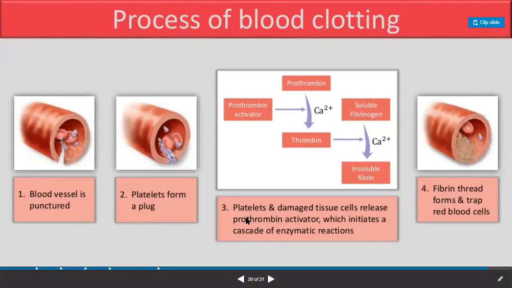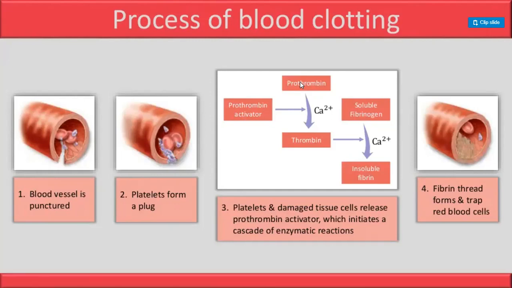So the third thing that happens is that platelets and damaged tissue cells release prothrombin activator, which initiates a cascade of enzymatic reactions. So this is the blood clotting process initiated by the platelets. So this prothrombin activator activates prothrombin, which is the second clotting factor. I told you that we have about 12 of them and a little more.